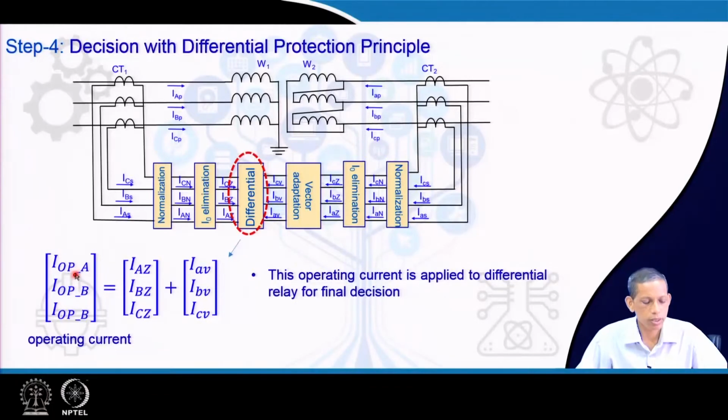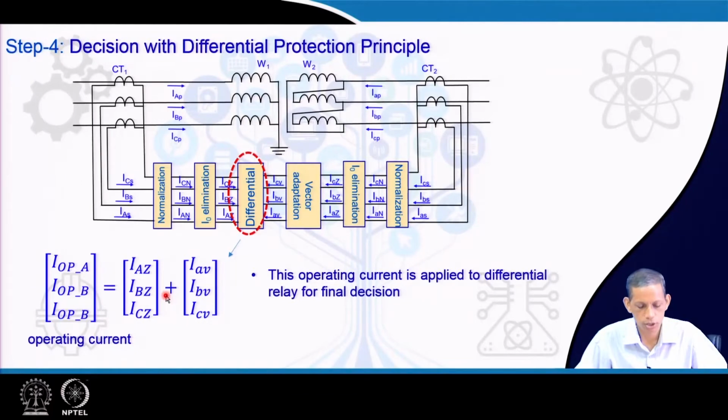For that, the operating currents in phase A, phase B and phase C are obtained by the phasor addition of IAZ, IBZ, ICZ from the high voltage side and the corresponding IAB, IBB, ICB from the low voltage side. This addition depends upon the CT connection, as per the principle we have already applied.